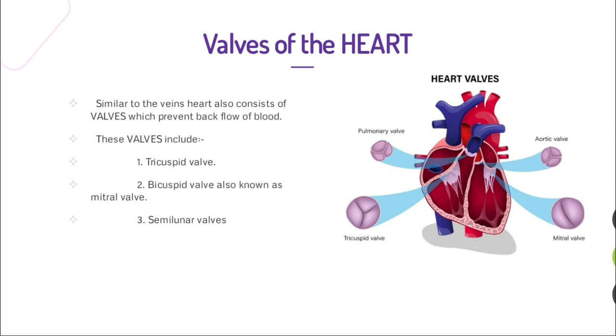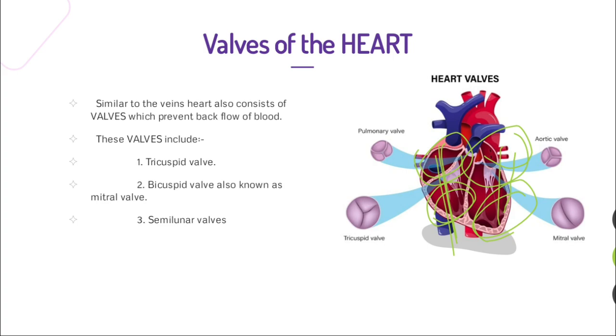This is your right atrium. This is your right ventricle, and the valve which is present between the right atrium and right ventricle is your tricuspid valve. This is your left atrium, this is your left ventricle, and the valve which is present between your left atrium and left ventricle is your bicuspid valve or mitral valve.